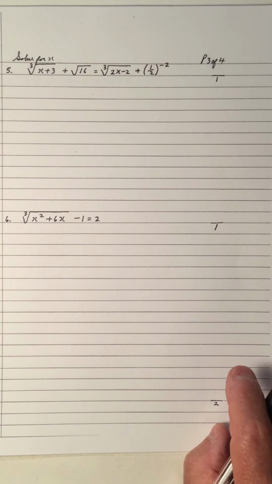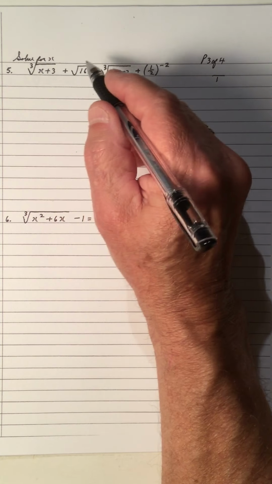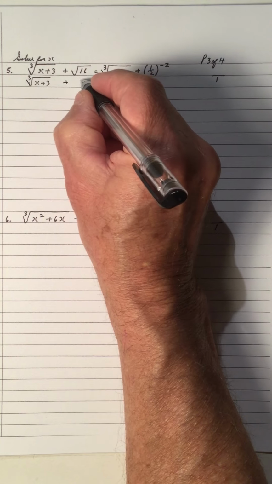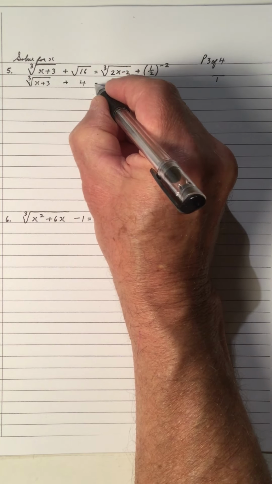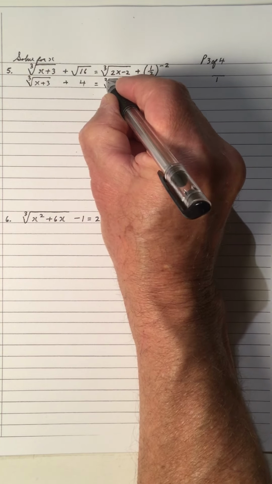Again, we're solving for x, and I look through the equation and I see cube roots and square roots, and I see a negative exponent. So what we'll do is we can't do anything with the root, so I'll write the cube root of x plus 3, and the square root of 16 becomes 4, and the cube root of 2x minus 2.